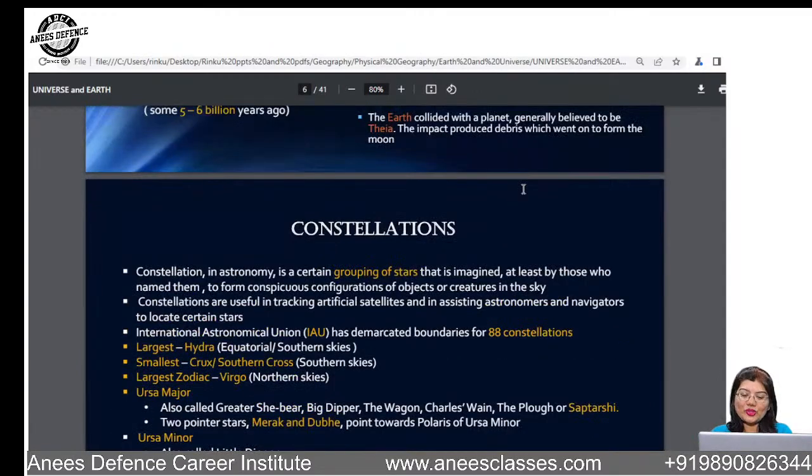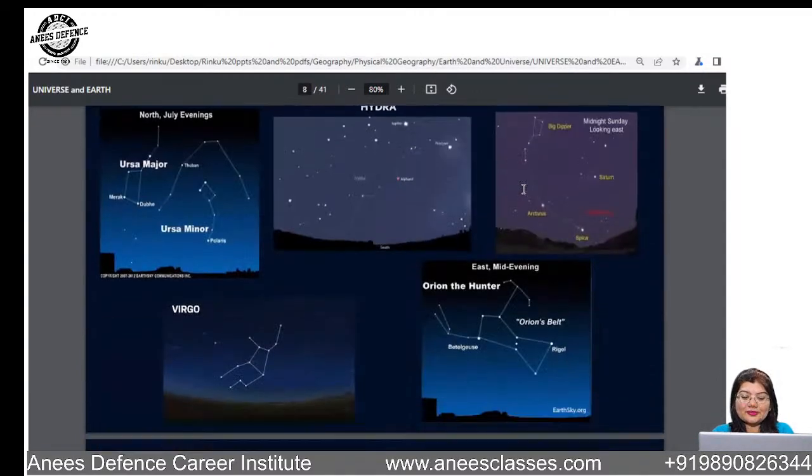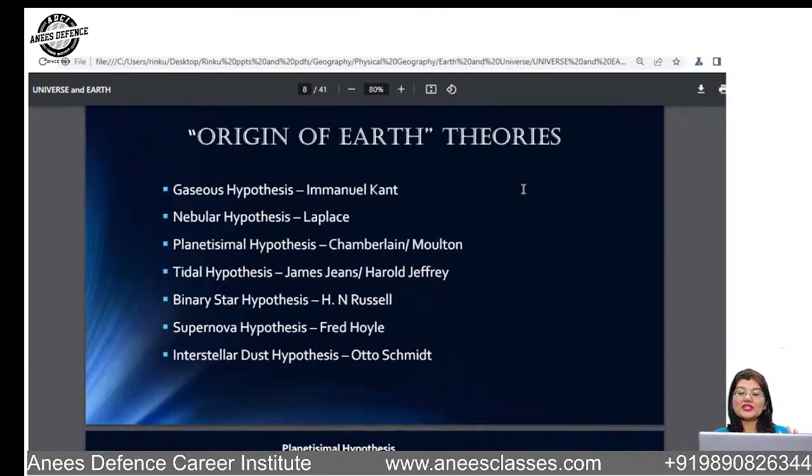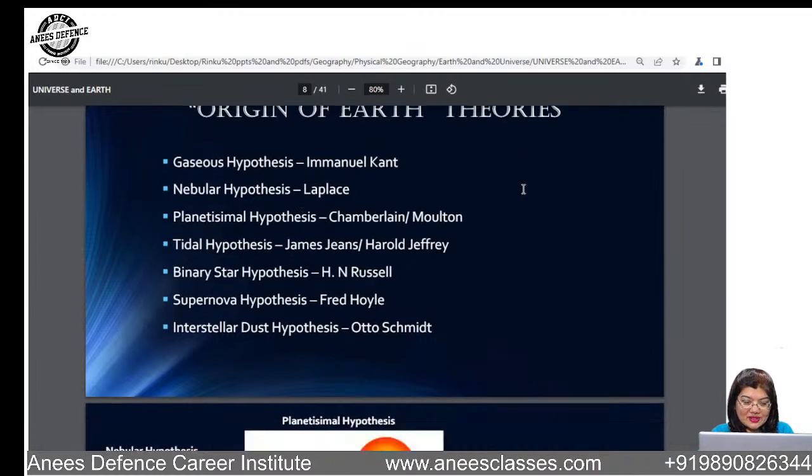We had discussed a little about constellations, and we had also checked out a few theories for the origin of the Earth. Bear in mind that origin of Earth theories are only something that we have to remember by names. We do not need an explanation for it, at least at your level. When you're studying for NDA, you do not need an explanation for all of these theories.